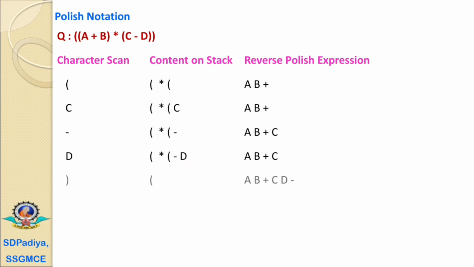The next is the close parenthesis, that's why we have to shift all the contents after this open parenthesis from the stack to the expression, that is D and minus. The last is also a close parenthesis, that's why it will remove this open parenthesis, and we pull the contents after this open parenthesis from the stack to the expression, that is a multiplication symbol.